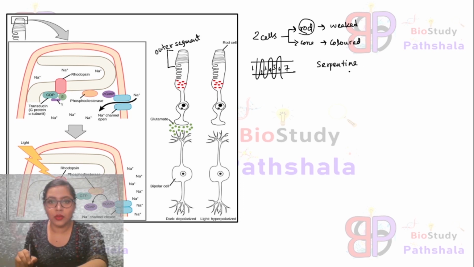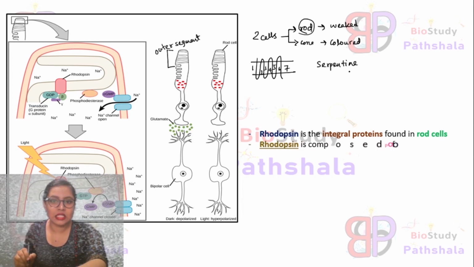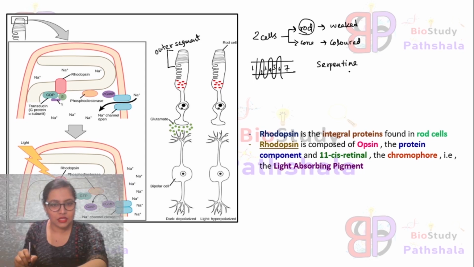Okay, so now we will check some key points of the rhodopsin protein. First, as I have mentioned before, rhodopsin is an integral protein found in rod cells, and this protein is composed of opsin, which is the protein component, and the light absorbing pigment or chromophore is 11-cis-retinal.